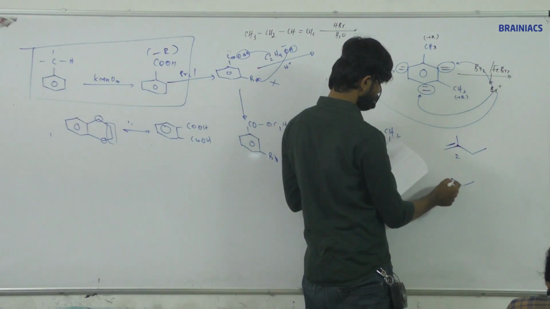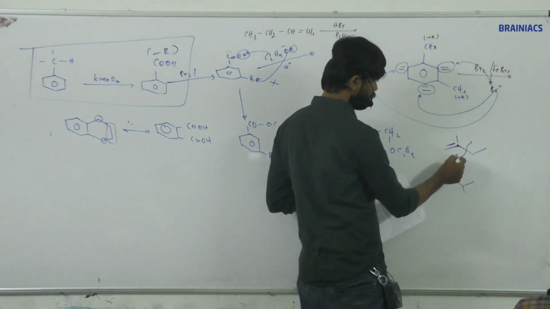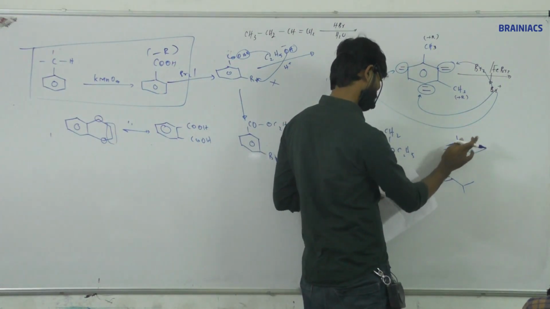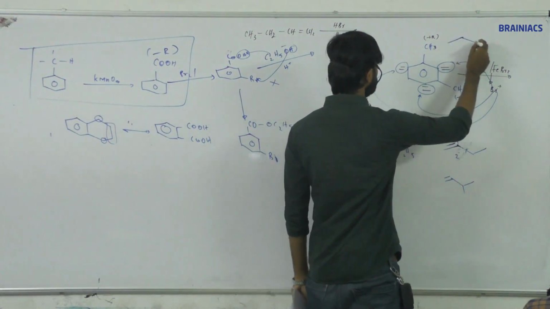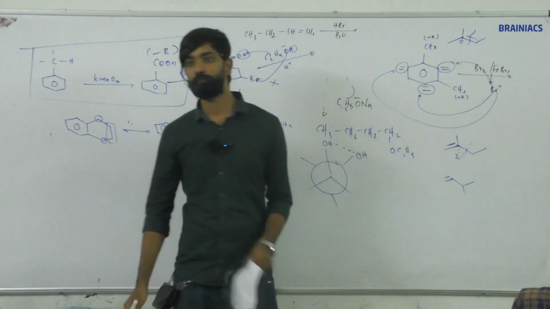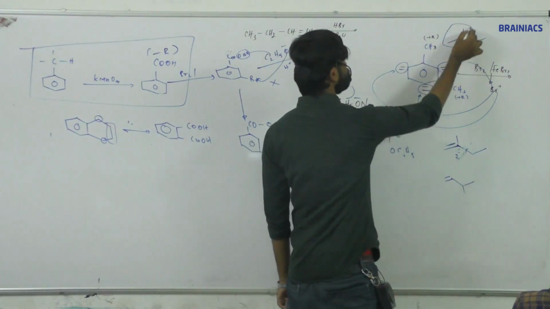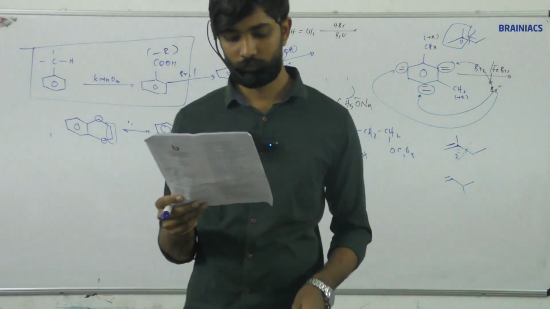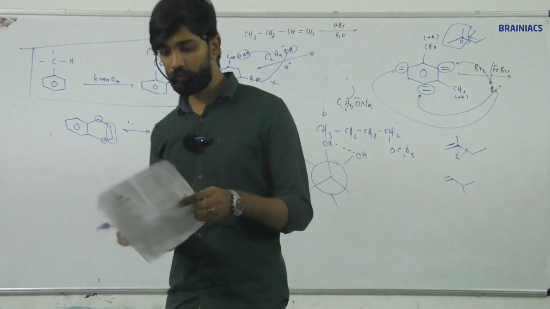What about 3-methyl? This can produce acetone, right? 2-methyl-butene, yeah, there is a chance for acetone. So your choice is D. Yes or no? Yes.